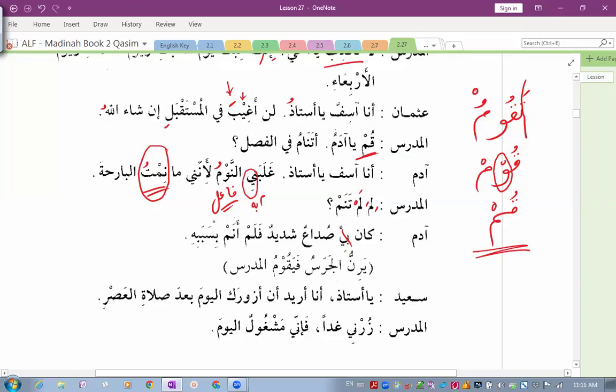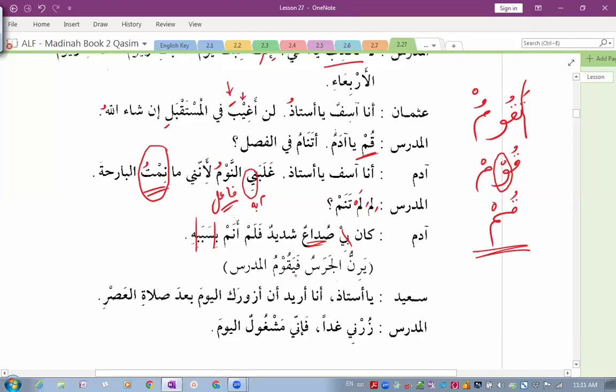Bi sababihi, three words here. And what else? Kana. Where is my ismu kana? It is sudaun. Shadidun is our na't. And jar wa majrur is my shibhu jumla khabar kana.